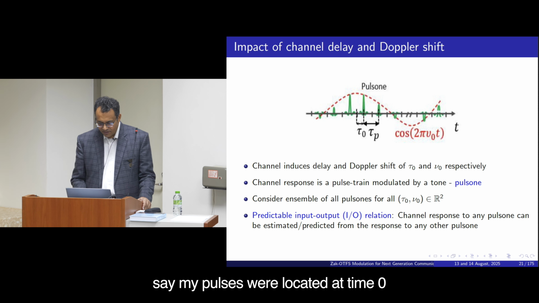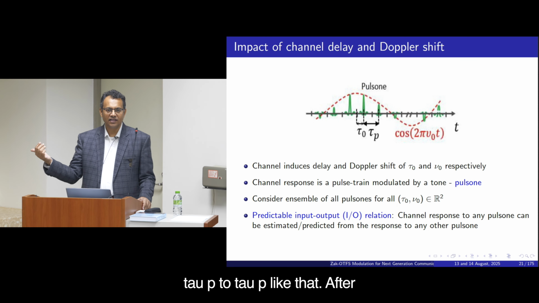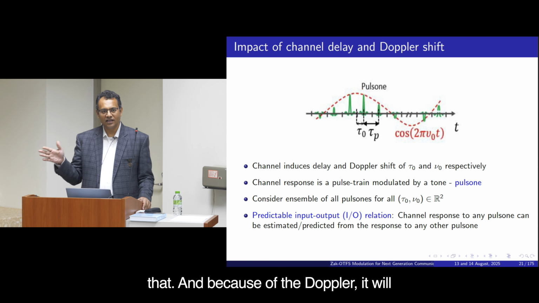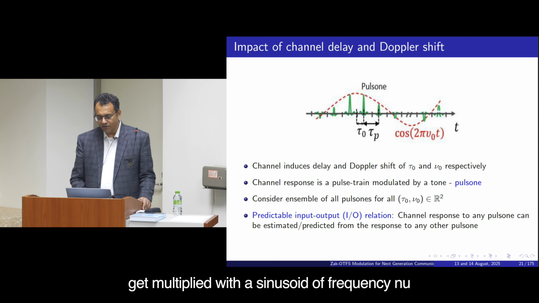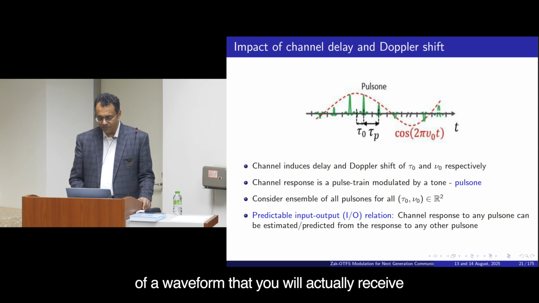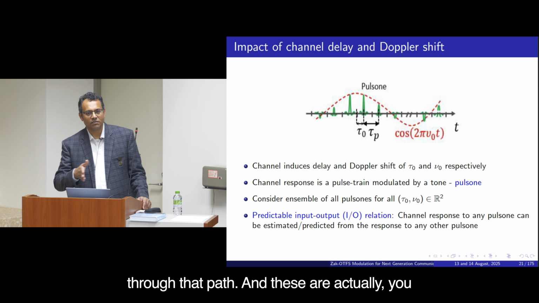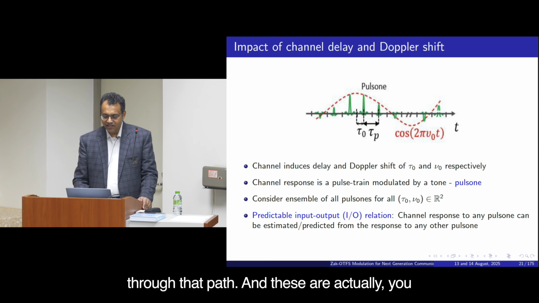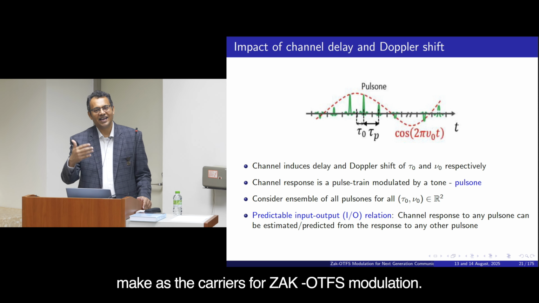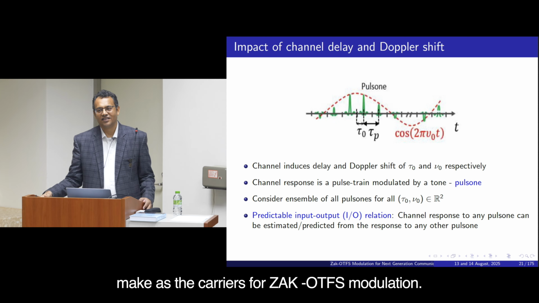Earlier, my pulses were located at time 0, tau p, 2 tau p, like that. After the delay at the receiver, they will be located at tau 0 plus tau p, tau 0 plus 2 tau p, like that. And because of the Doppler, it will get multiplied with a sinusoid of frequency nu 0. So this is the kind of waveform that you will actually receive through that path. And these are what I am going to make the carriers for ZAC OTFS modulation.